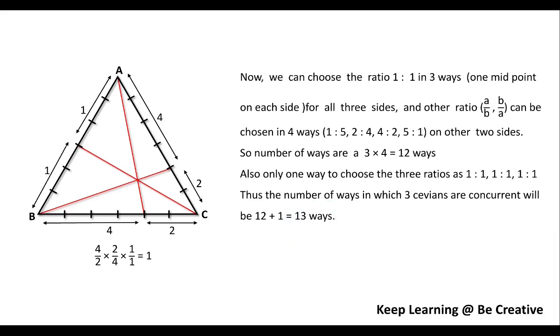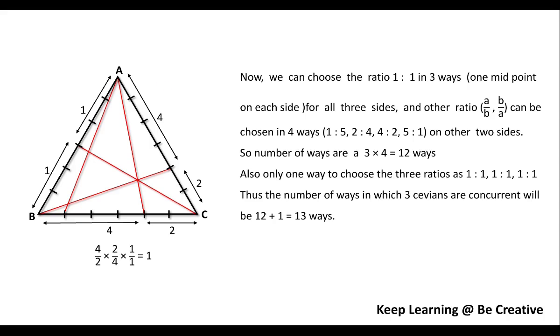Now we have one more cevian left, that is the 4th peg which we are going to connect to the opposite side. Let's see how many pegs are now remaining. If we connect this 4th one, we can take either 1, 2, 3, 4, 5, 6, 7, 8, 9, 10, 11 or 12.